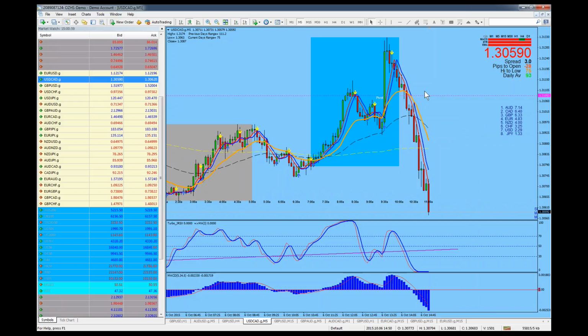Okay, so any thoughts, questions, observations here? You see that this thing is all blood red. Well, CAD's getting killed after that bad number earlier. I was also watching that. Well, no, the CAD is actually doing pretty well because remember, this is showing us dollar weakness.